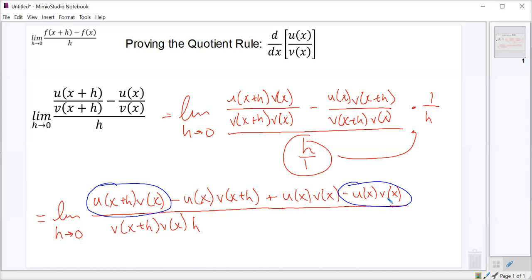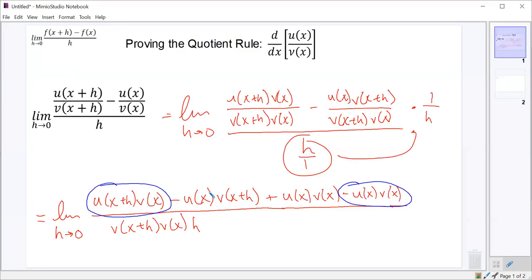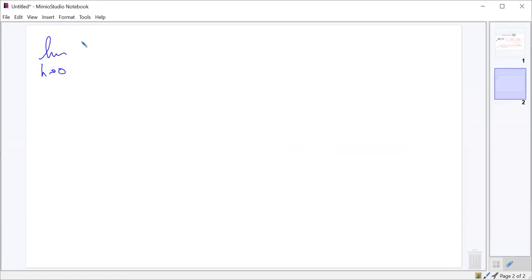So from the first and the fourth terms, we're going to factor out the v of x. So we're going to end up with a limit as h approaches 0 of the v of x that we're factoring out times what was left, which was u of x plus h minus u of x, all over the v of x plus h times the v of x times the h.